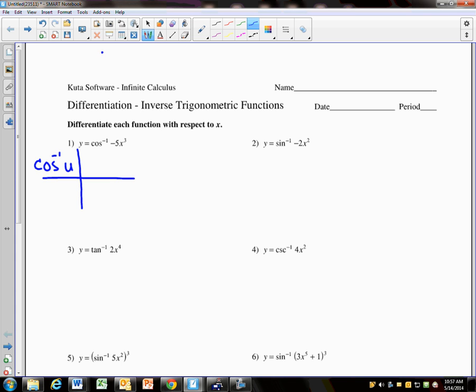What is u? Negative 5x to the third. What is the derivative of cosine inverse of u? Negative 1 over the square root of 1 minus u squared. What's the derivative of negative 5x to the third?